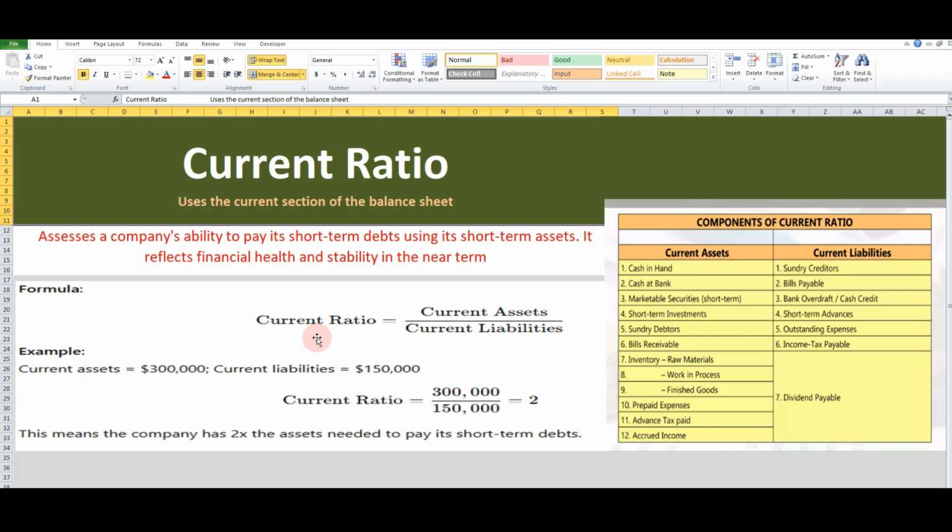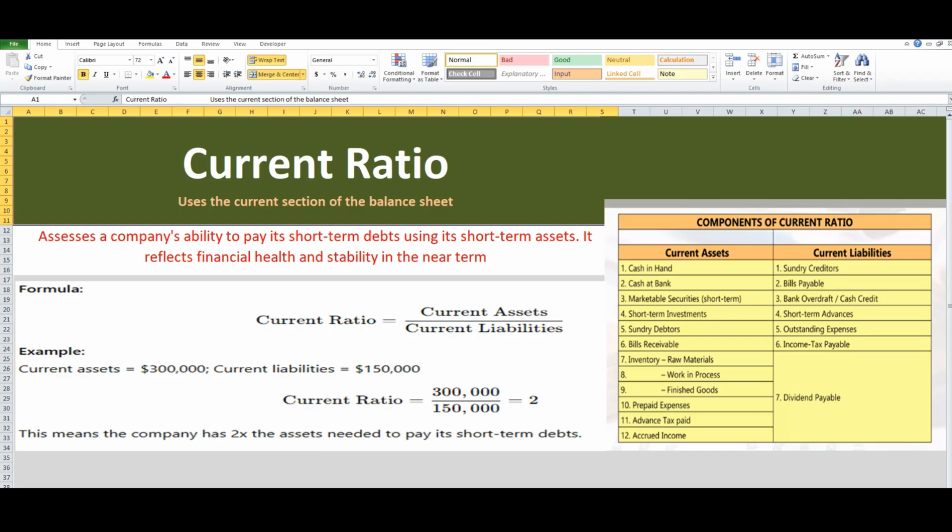We can take these from the balance sheet section. These are the current assets, and these are the current liabilities. Current assets divided by current liabilities. This means the company has 2x the assets needed to pay its short-term debts.